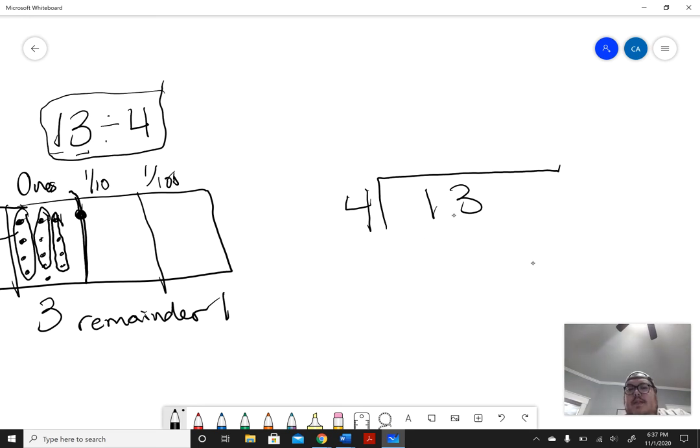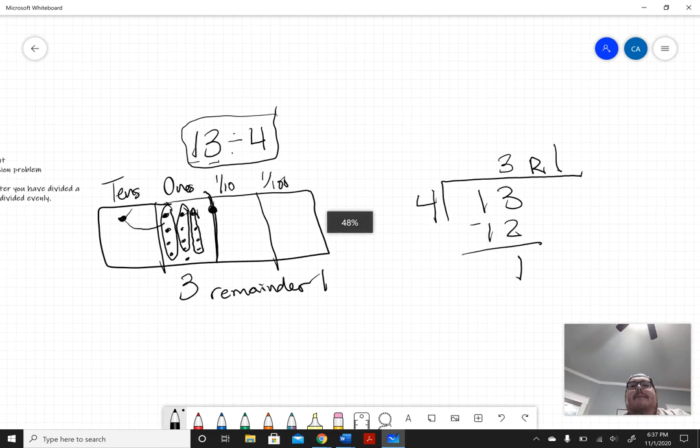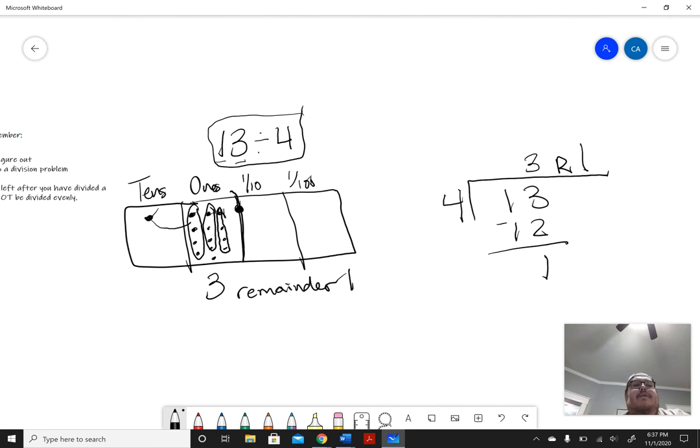So let's look at this as 13. Can 4 go into 13? Yes, it totally can. It can go into it 3 times because we know that 4 times 3 equals 12. So I'm going to be taking 12 out of this 13, and I'm left with 1. So then I get the answer of 3, remainder 1. Okay, so that's just a review on your division strategies because you will be asked to divide.